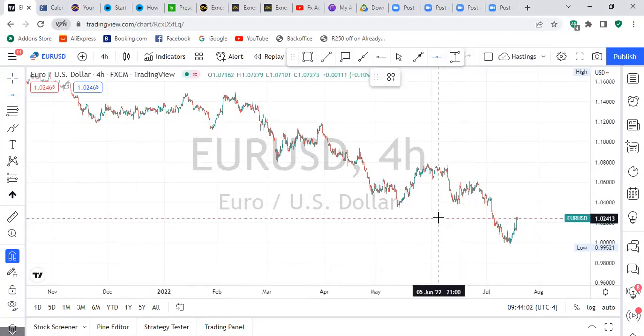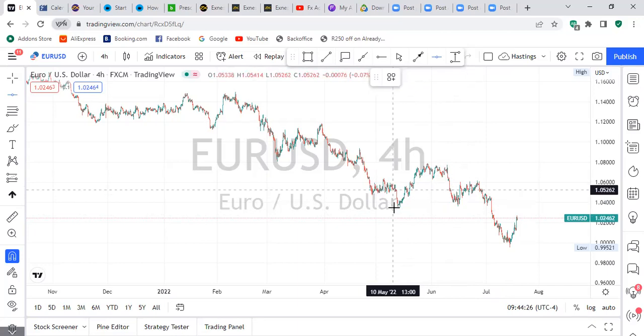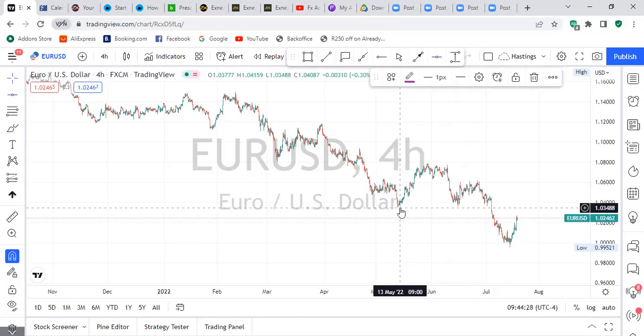For me to draw my supports, I first check where the price was rejected most. I'm checking here and I can see that this might be my support because, let me just try to draw it. Yes, like this.